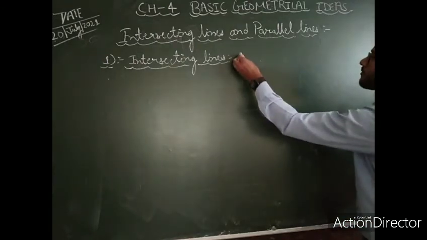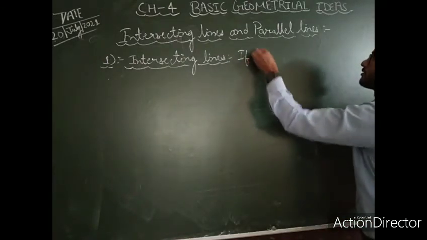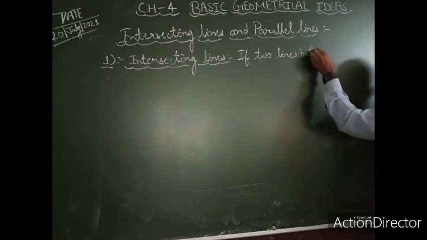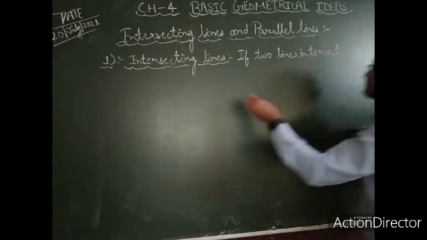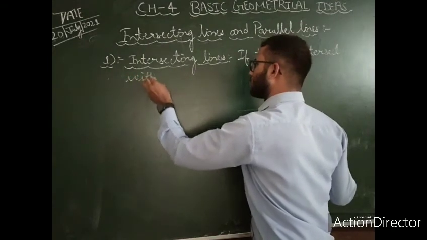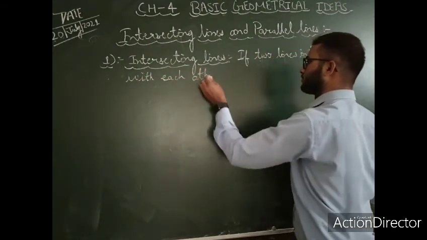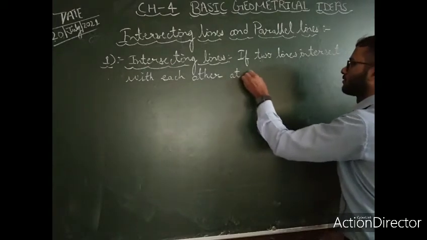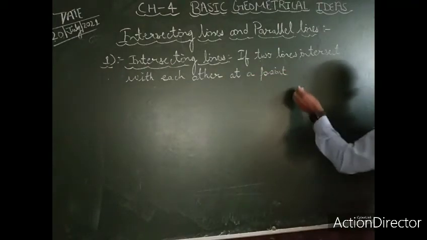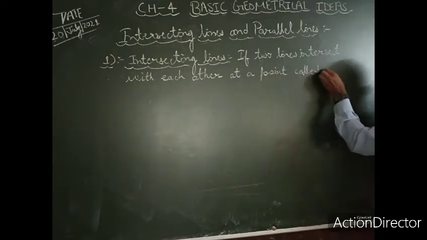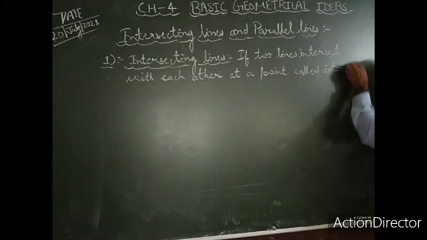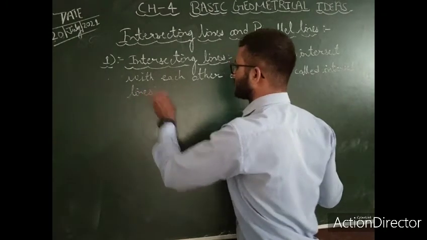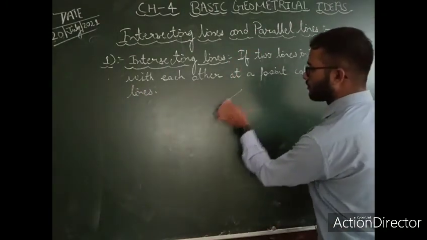Here we write: if two lines intersect with each other at a point, they are called intersecting lines, right?